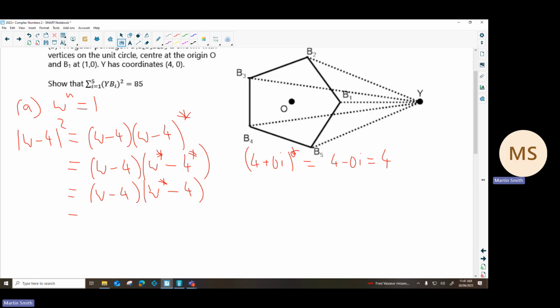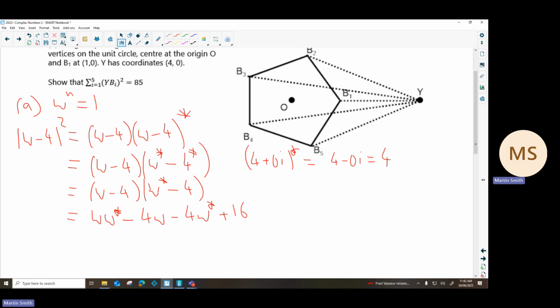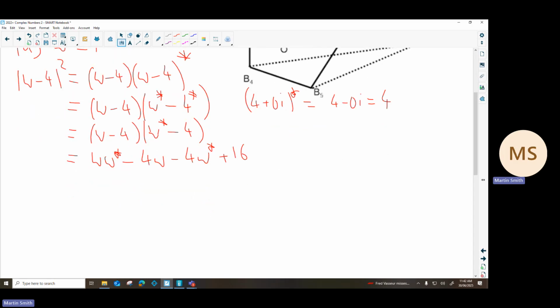And now we can expand the brackets: W times W star minus 4W minus 4W star, and then plus 16. But then I can rewrite that again. I know that any complex number multiplied by its conjugate is the modulus squared, so this is the same as mod W squared.